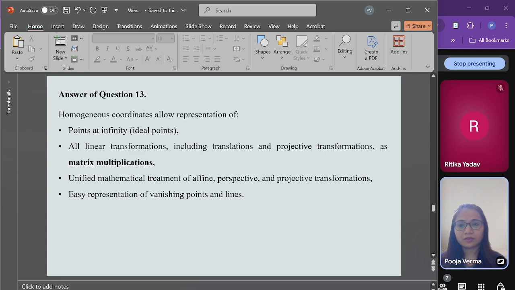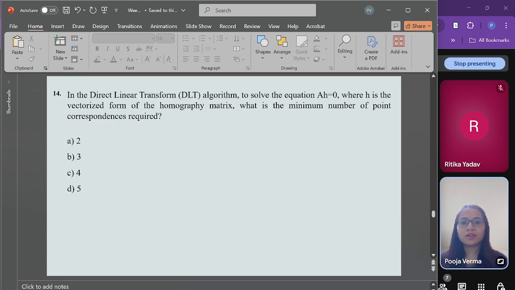Okay. So now the next question is in the direct linear transform algorithm, that is called DLT also, to solve the equation AH is equal to 0 where H is the vectorized form of the homogeneous matrix, what is the minimum number of points correspondence required? Already we have explained that question.